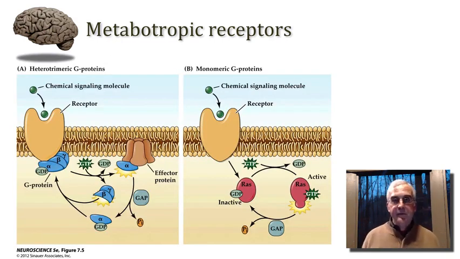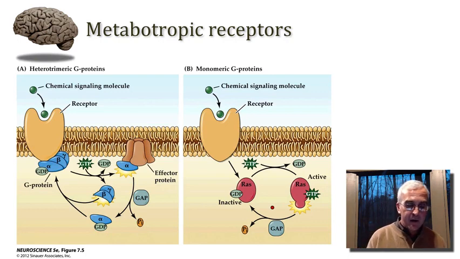So let's look at a couple of different examples. The receptor itself is typically a monomeric integral membrane protein, but the intracellular second messenger systems related to G proteins can be quite diverse.